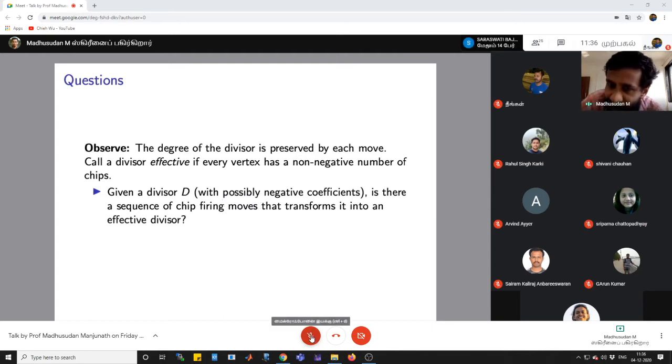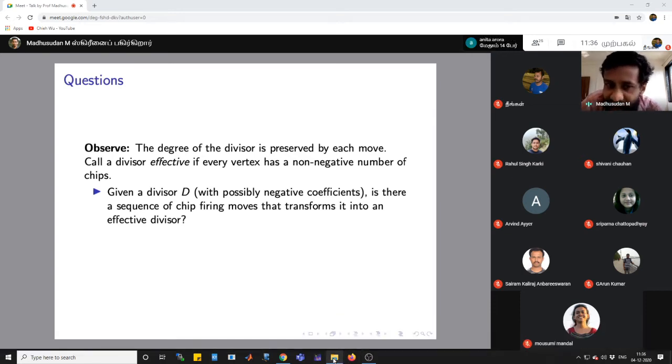There might be some vertices which are in debt, and the question is, is there a clever sequence of chip firings that transforms it into a divisor where this problem is solved, so every vertex is out of debt? This is a basic question, and just by the first observation that I made, that the degree is preserved throughout the system, and the fact that these effective divisors have to have non-negative degree, right?